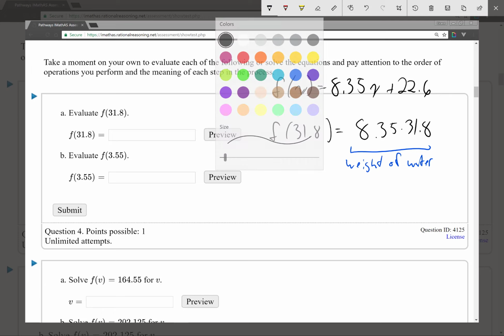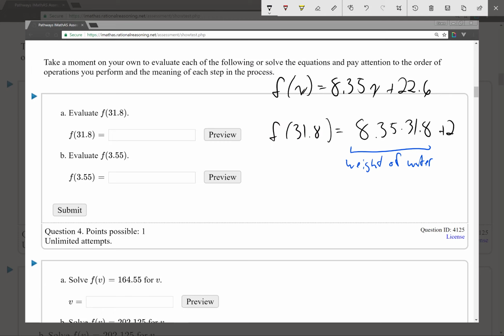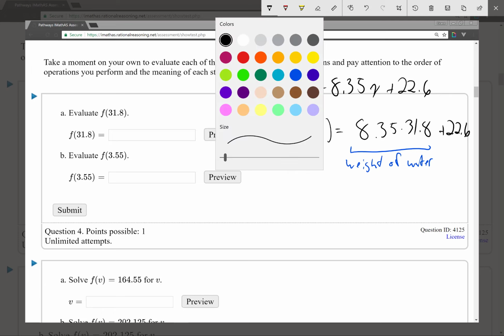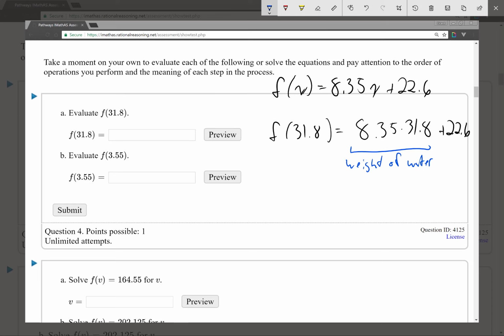Now, next in our formula, we see that we have to add 22.6. So let's change to red. If we take the weight of the water in pounds, and we add the weight of the tank in pounds, which is 22.6, this whole expression will represent the weight of the tank and water in pounds.